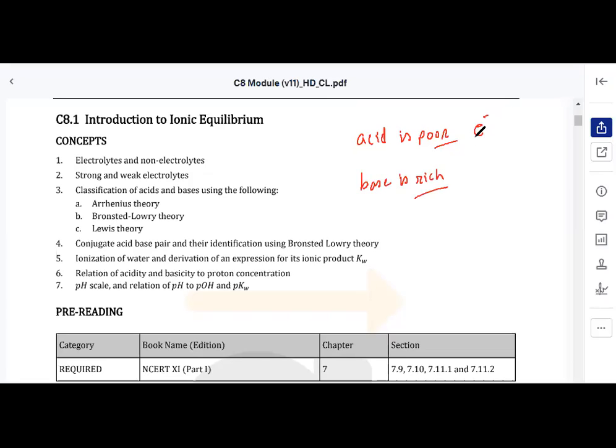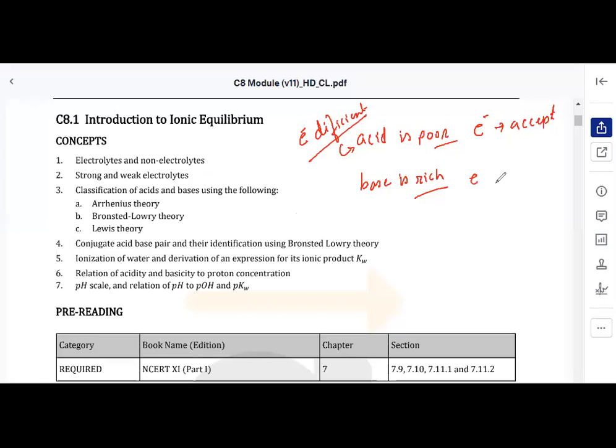This is one thing that you should remember always, just like a mnemonic. Acid is always poor, so it accepts electrons. So any electron deficient species, any electron deficient compound, is your Lewis acid. What about base?